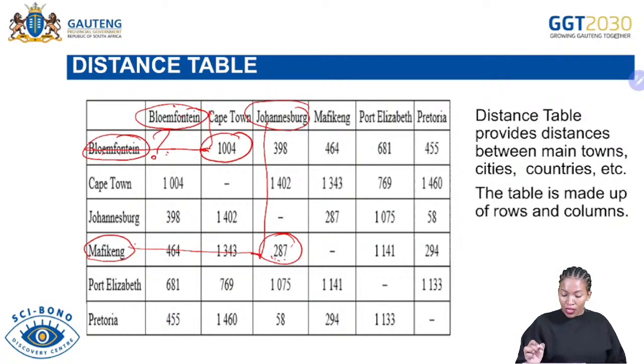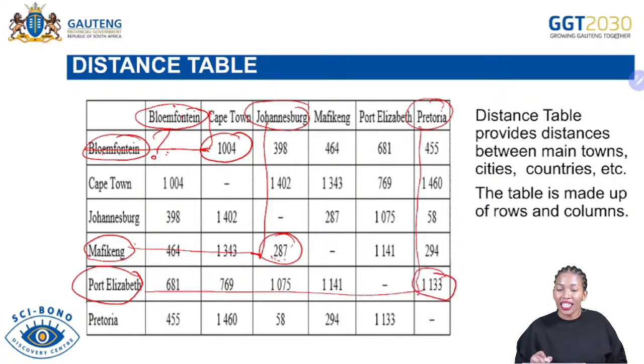If I want the distance from PE, this is PE, to Pretoria. Where is Pretoria? This is Pretoria. So PE to Pretoria, the distance is what? It is 1,133.